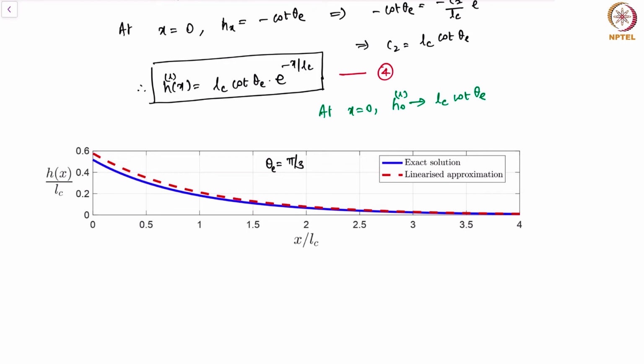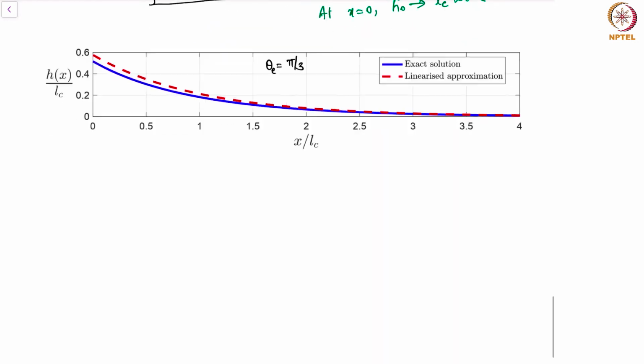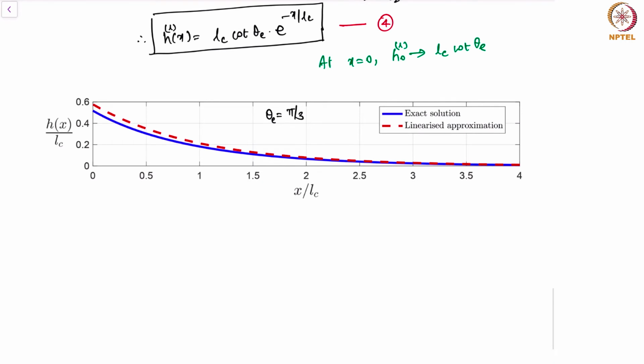Now, one of the interesting things that comes out of this analysis is that the natural length scale, if you see this equation number 4, the characteristic length scale that emerges from this problem is LC. LC is the natural length scale because it tells us the decay rate at which the meniscus is basically merging with the far field solution.